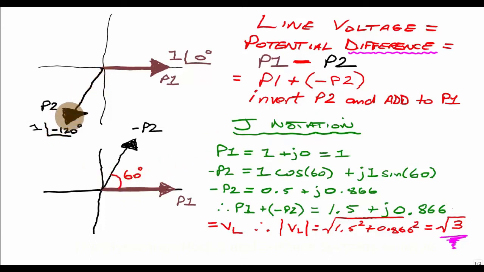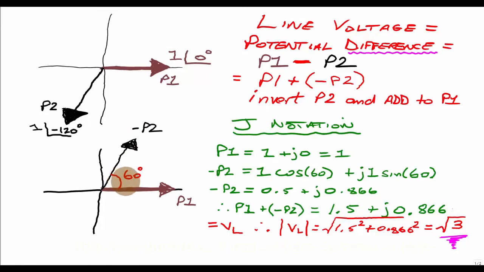If you were to invert that, that means make it go 180 degrees round the circle again, so it's actually going to feature over here. And that's what we see in this diagram. The brown phase has stayed the same, we haven't touched that at all. The P2 phase has been inverted, hence this minus sign here. And if you look at the diagram, you'll see there's 60 degrees between these two phases, which is important for our analysis.